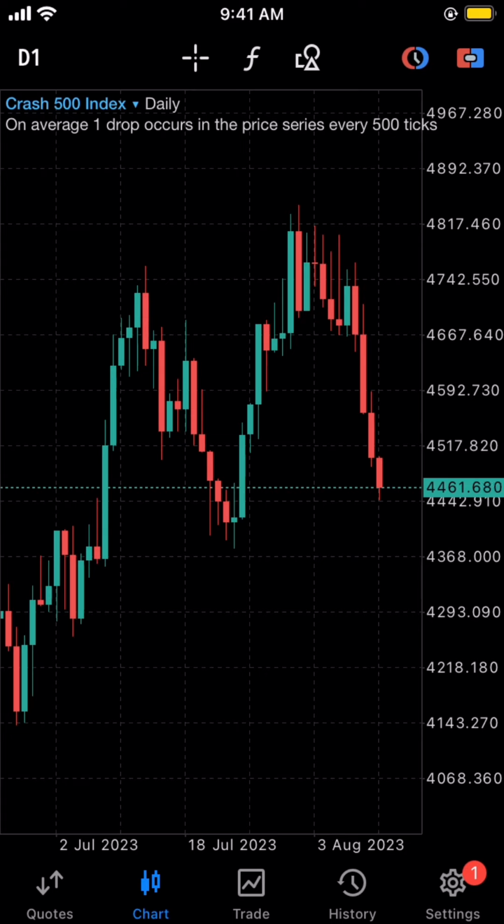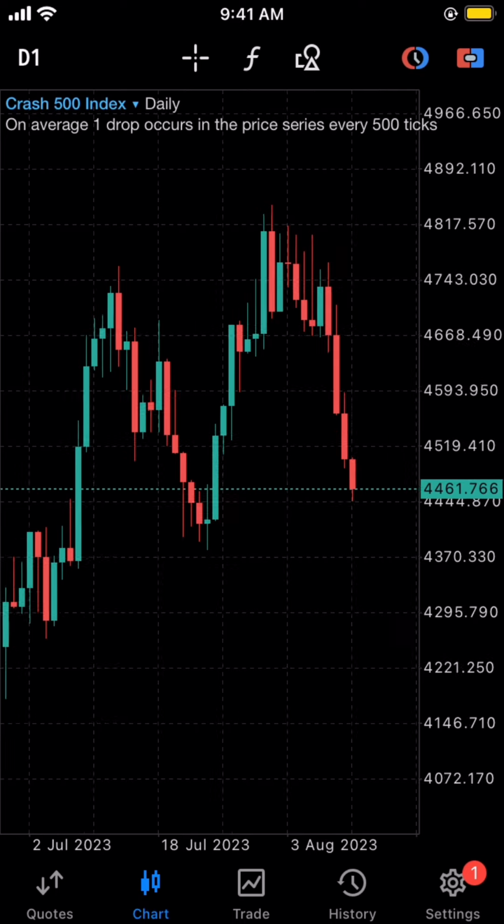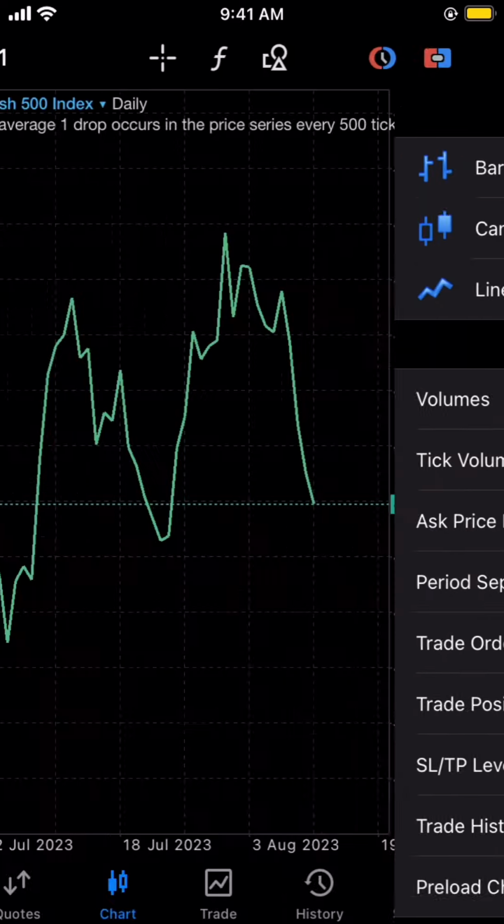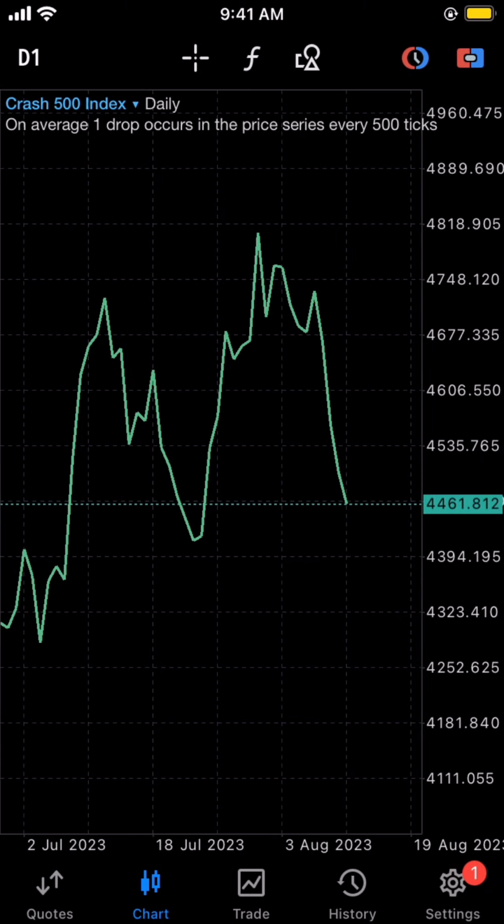It looks like candles. They are green and red candles which start on the price opening point and stop at the closing price. And when you change this to the line chart, things become neat.